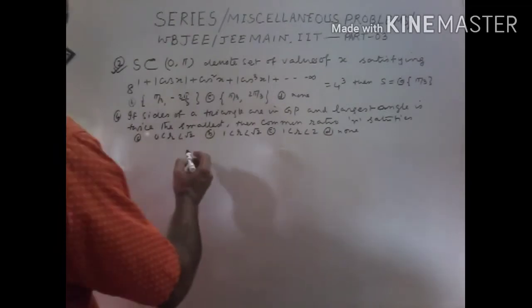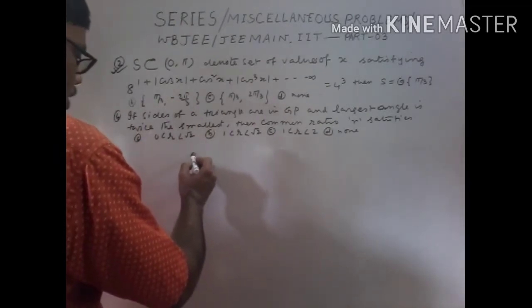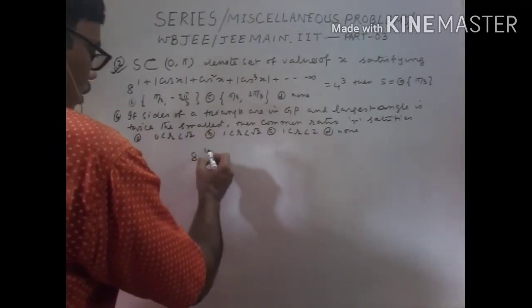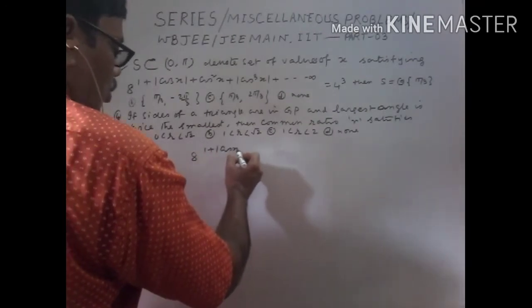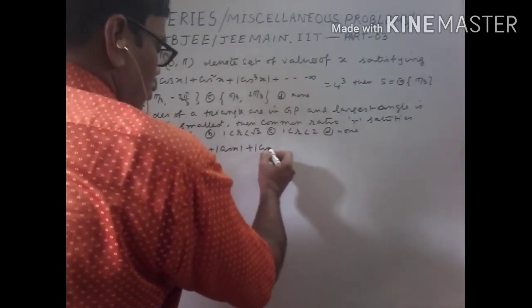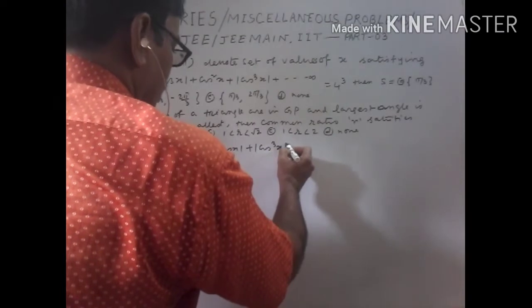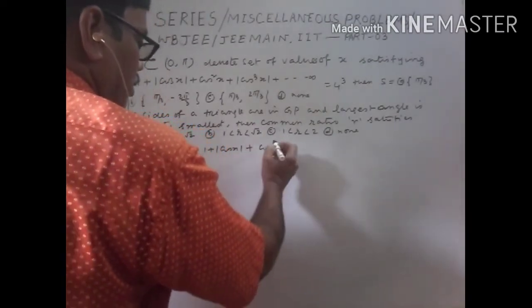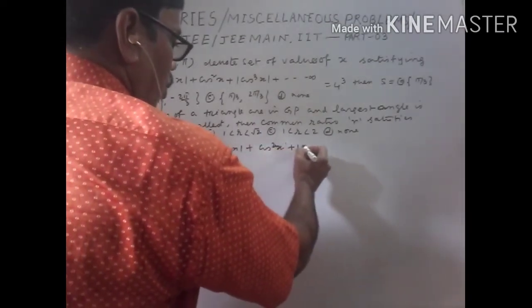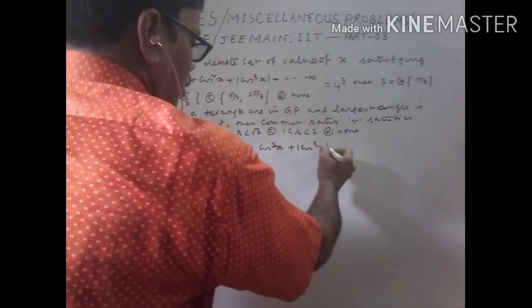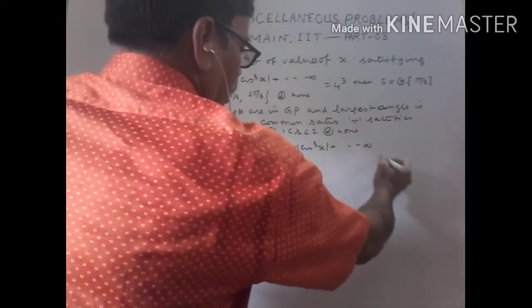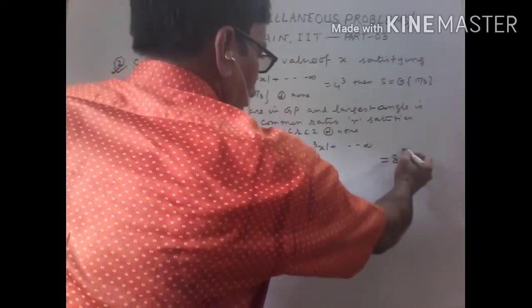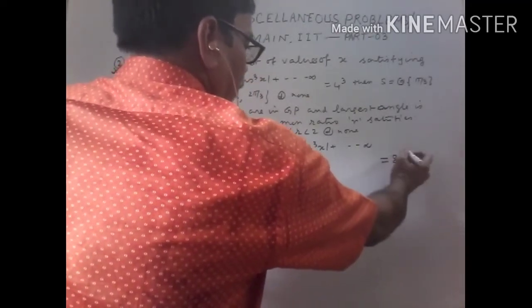So what is our equation? The equation is 8 to the power 1 plus mod cos x plus cos square x plus mod cos cube x and so on to infinity equals 4 cube, that is 8 square.